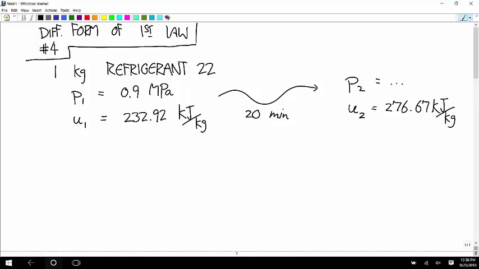Okay, it says it's a rigid tank. And what that means is that the gas can't expand. And so there's not going to be any work done by expansion or contraction of the gas. And it says there's a paddle wheel inside.